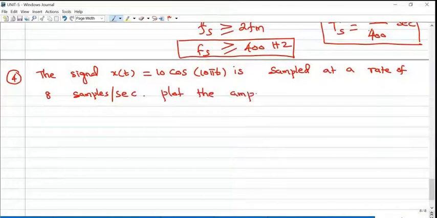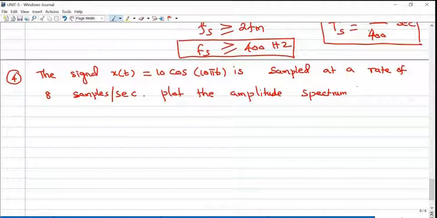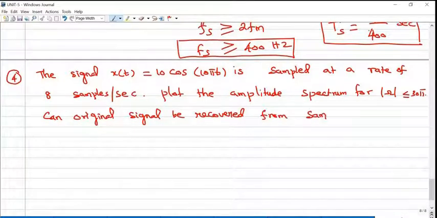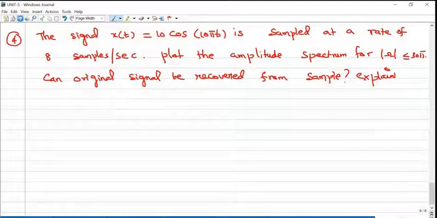Plot the amplitude spectrum or magnitude spectrum for omega less than or equal to 30 pi. Next question: can the original signal be recovered from the samples? Explain. This is a somewhat advanced level problem, but a very simple one.